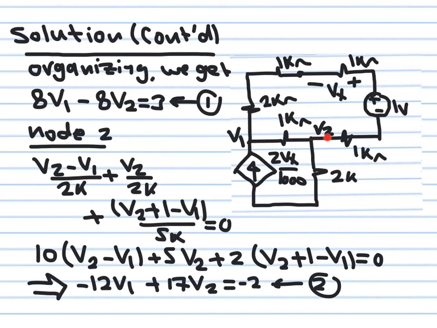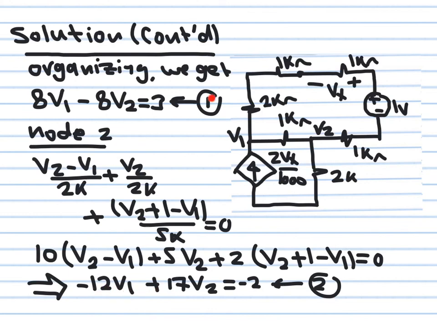For this one, the total voltage from here to here is V2 plus 1 volt minus V1, so the voltage drop across the 5K is V2 plus 1 minus V1, and the current is that divided by 5K. I don't have Vx in this one, so I don't need it. Just multiply both sides by 10K and collect the coefficients, and you obtain this second equation.